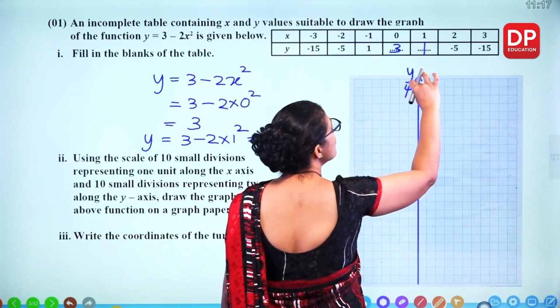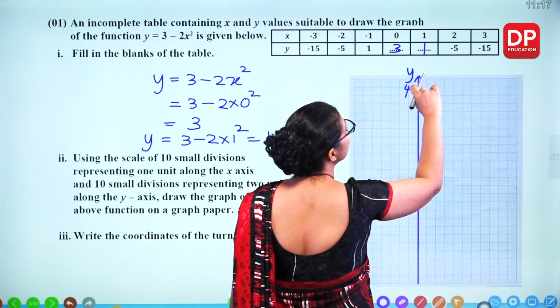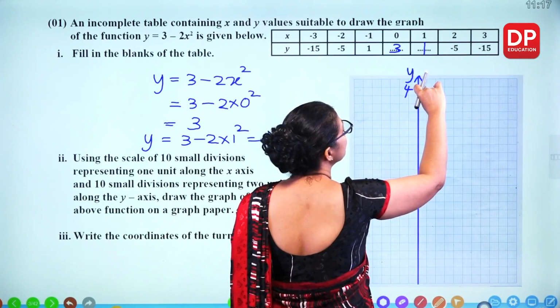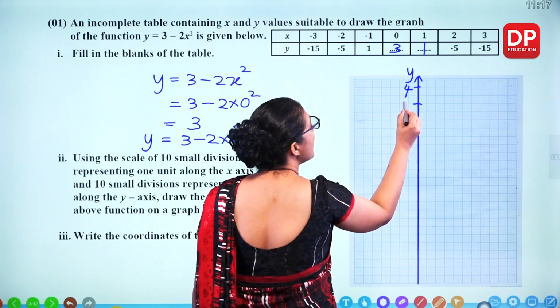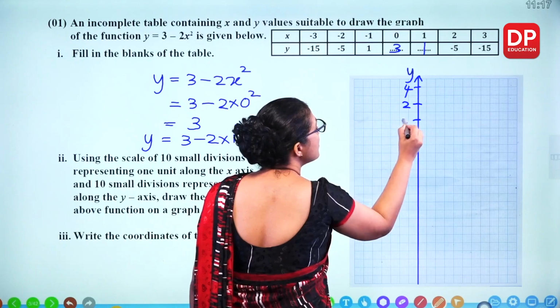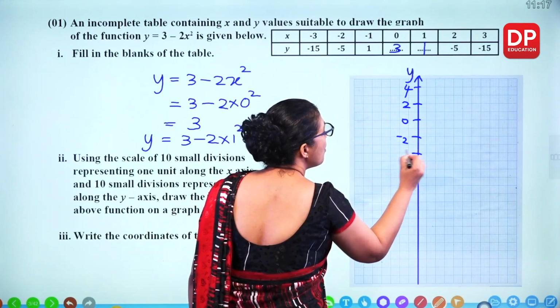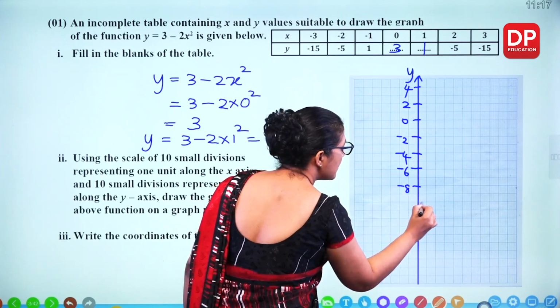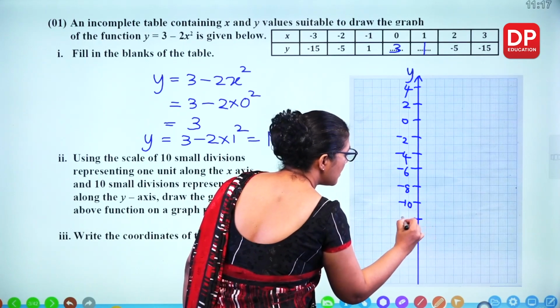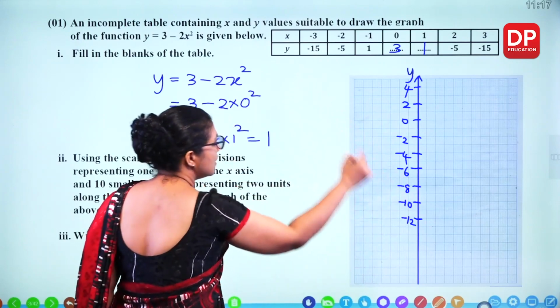So 10 means here this one. So that's 2. You can write this is 2, 0, minus 2, minus 4, minus 6, minus 8, minus 10, minus 12.